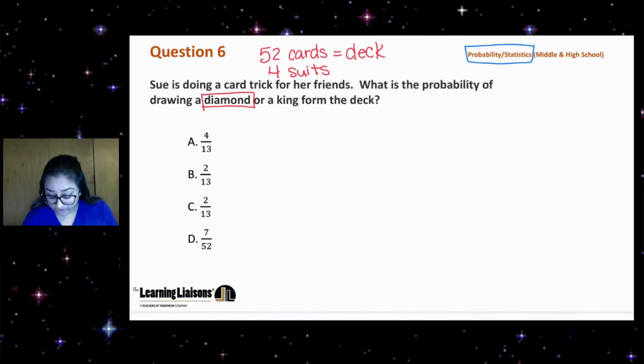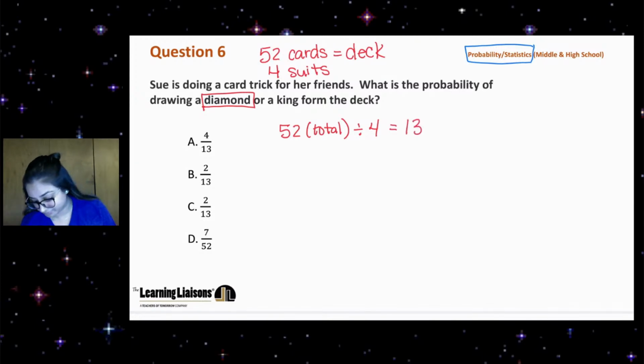So if I know that there are 52 total cards, and I know that there are 4 suits, if I take 52 and divide it by 4, I'll get how many cards are in each suit. So there are 13 cards for each suit.